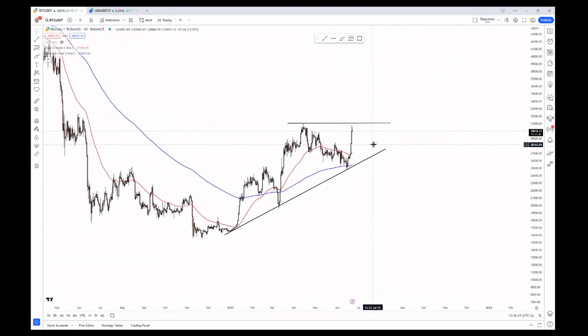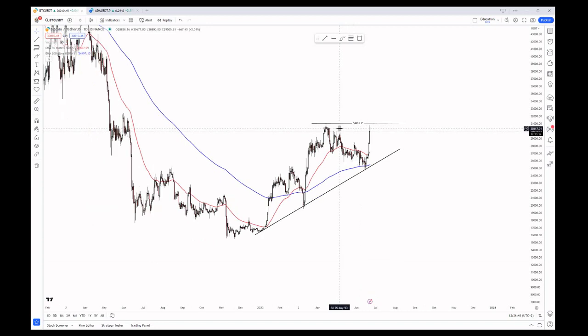Like Harsh's SFP and his sweeps, you could say, okay, maybe we'll get a sweep here. That's based on one point of resistance, and then the SFP, the swing failure pattern, going above and closing below. So that's also based on support or resistance, rejection of price.